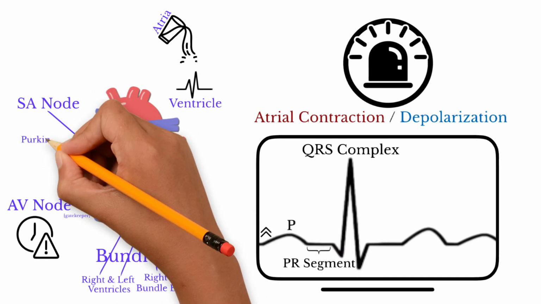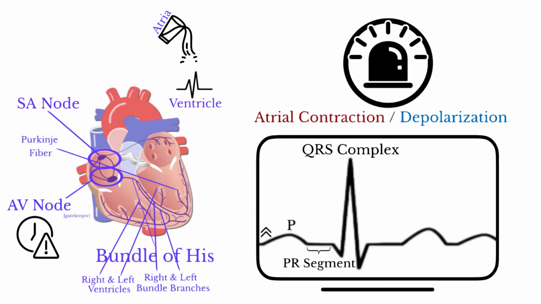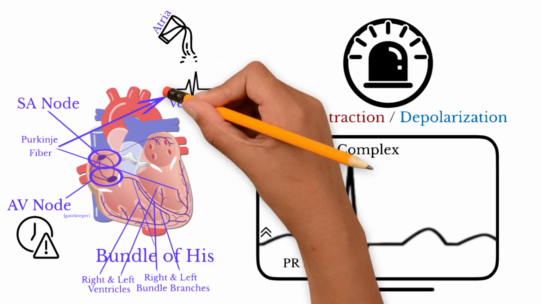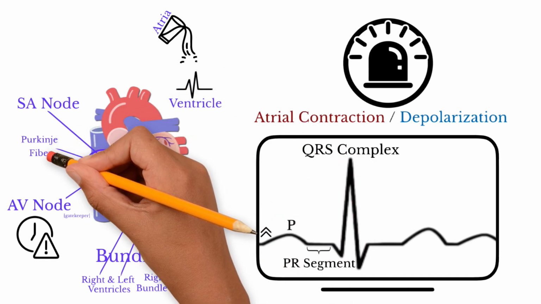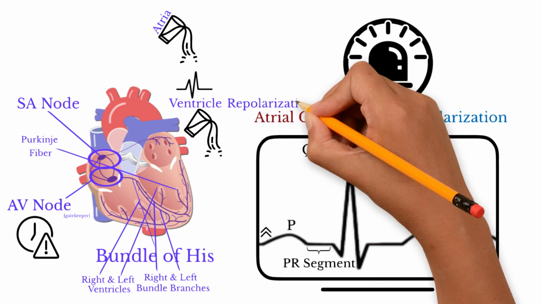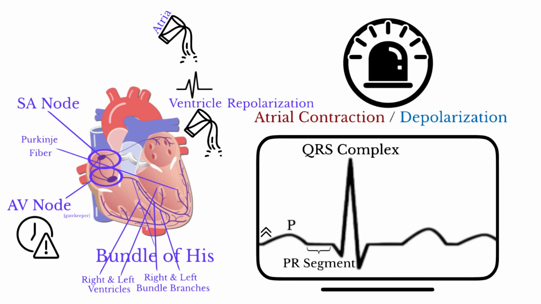The Purkinje fibers attached to the branches eventually deliver the impulse to the ventricles, allowing ventricular contraction seen as the QRS complex on an EKG strip. When the ventricles are fully emptied, then they relax, and that is called ventricular repolarization, and it is seen as the T wave.